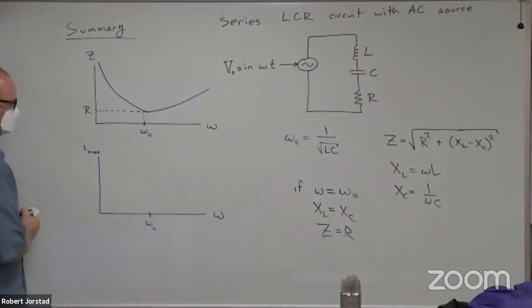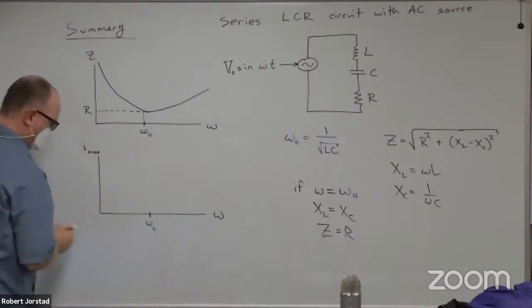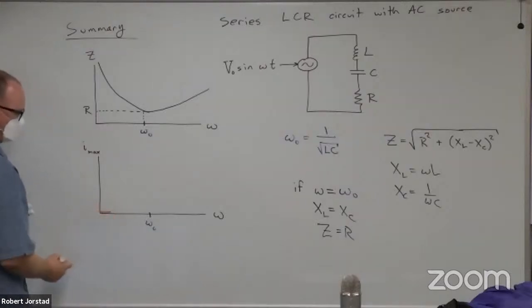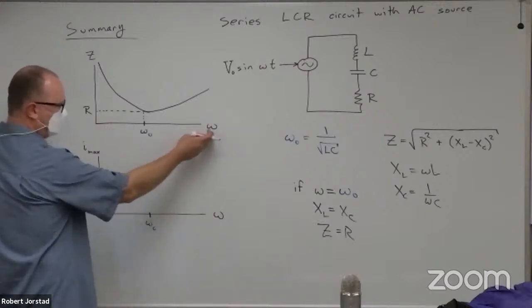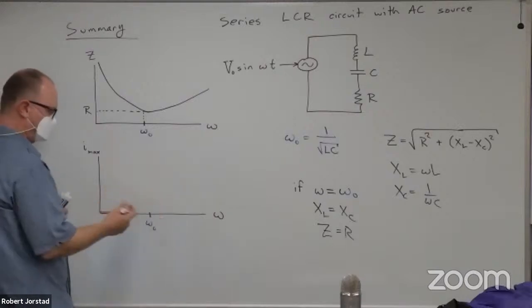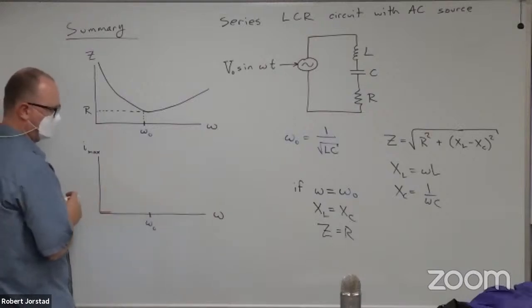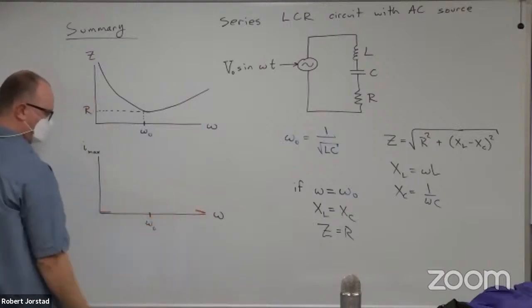Next, the current. If you have infinite ohms, how much current amplitude do you have? 0. So we start out with no current amplitude. If we go to high frequencies, which term dominates? XC. Again, no current.